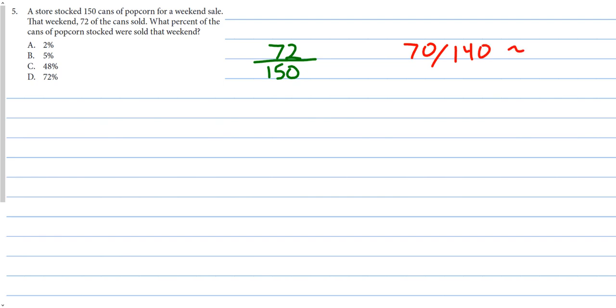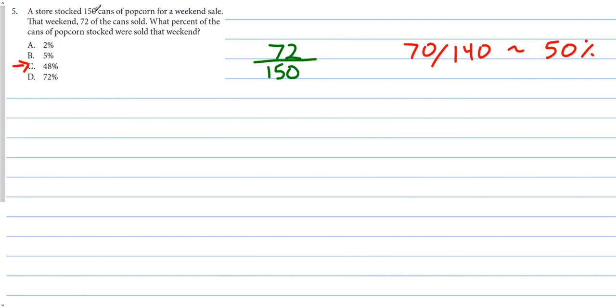That would be 50%. So this is pretty close to 50%. So based on that, none of the answer choices are really close to 50% except for C, right? 48%, pretty close to 50%. The other ones are all pretty far off.